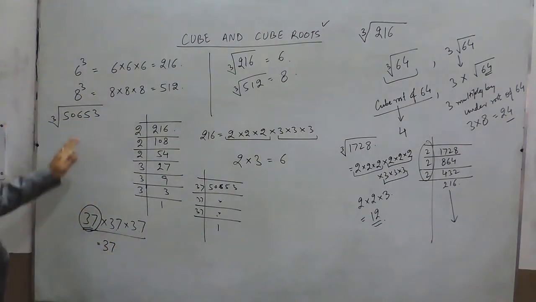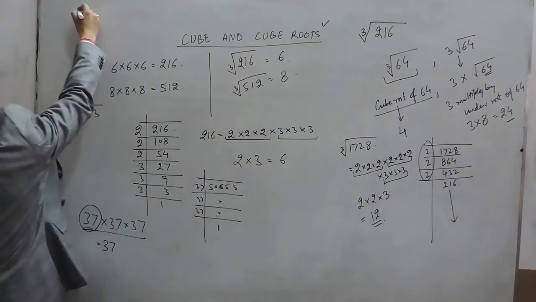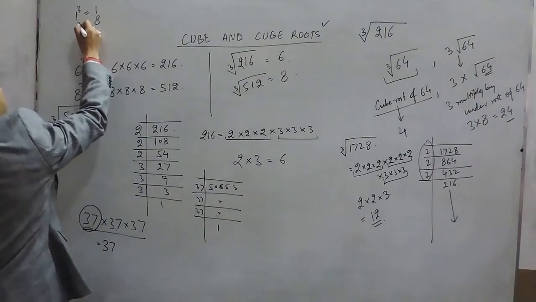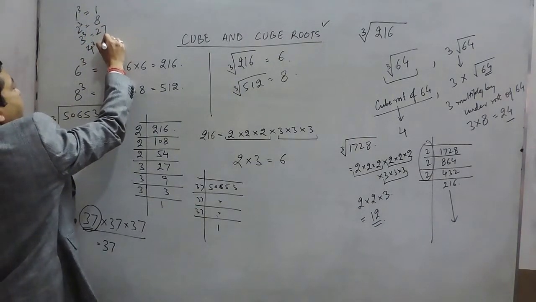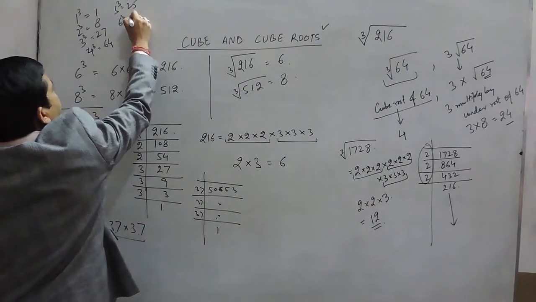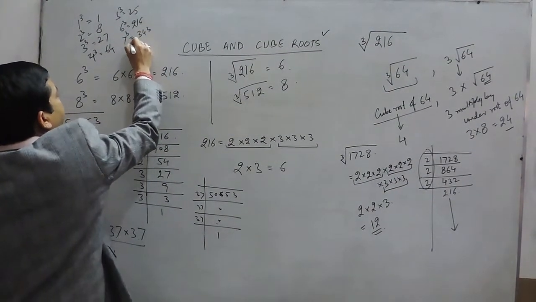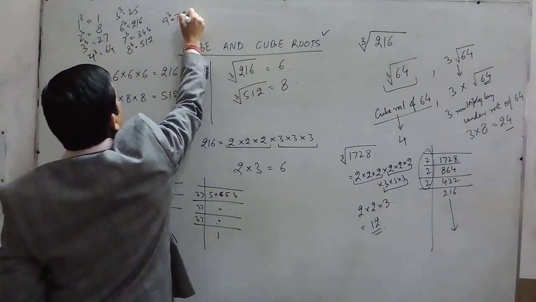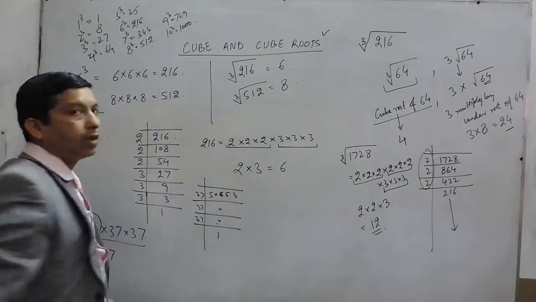So we will take 37 as the cube root of this number. Now, because we know this is very complicated, we can see it from another angle. First of all, we should know the cube of 1 is 1, the cube of 2 is 8, the cube of 3 is 27, the cube of 4 is 64, the cube of 5 is 125, the cube of 6 is 216, 7 cube is 343, 8 cube is 512, 9 cube is 729, and 10 cube is 1000.